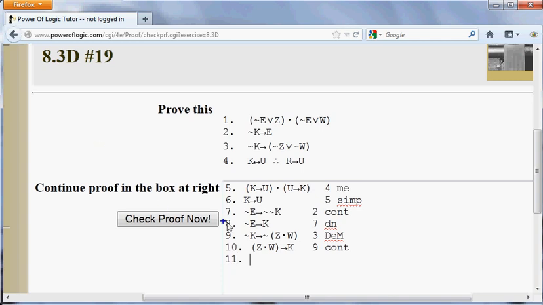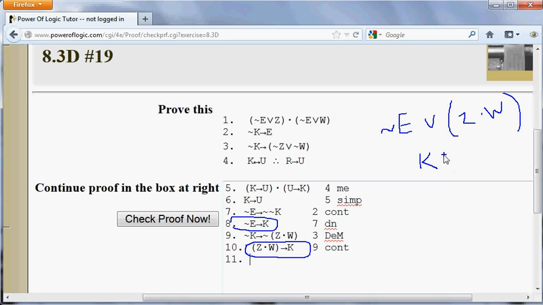Okay. Now notice I have not E then K, and I have Z or W then K. I'm actually thinking of the constructive dilemma rule. If I had the if part of line 8, not E, or the if part of line 10, Z and W, I could use that with 8 and 10 to get K, the then part of line 8, or K, the then part of line 10.